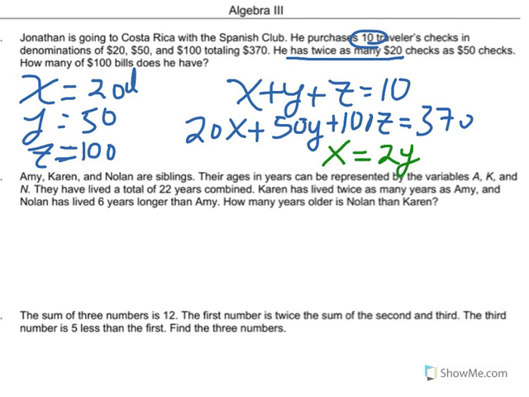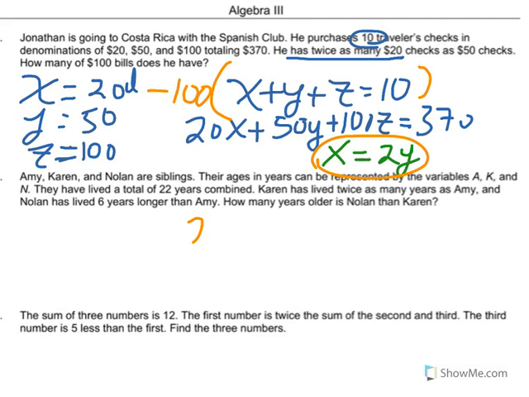From here, it's a system of 3 equations, which we haven't gone over, but the easiest way to do it is elimination. I'm going to get rid of my Z, so I'm going to multiply the equation for the total number of checks by negative 100 and then add the equations.